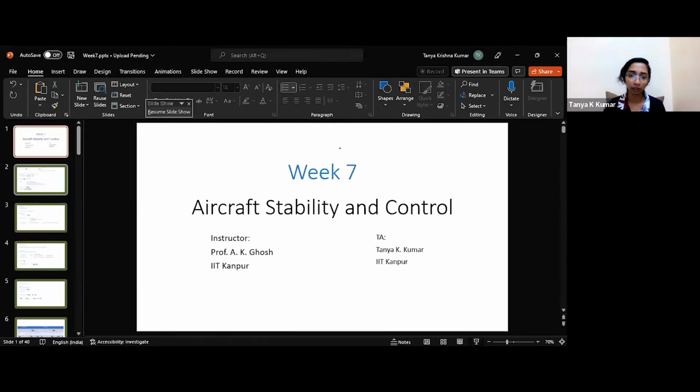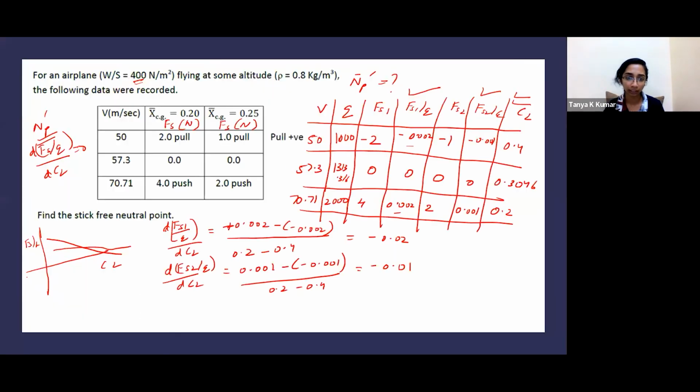So what we need to do now is to plot this slope. This is 0.1, this is 0.2. You need to plot this value on another graph. So your next graph, let me just clear all the ink.